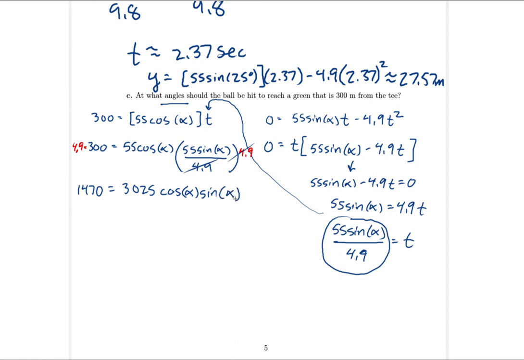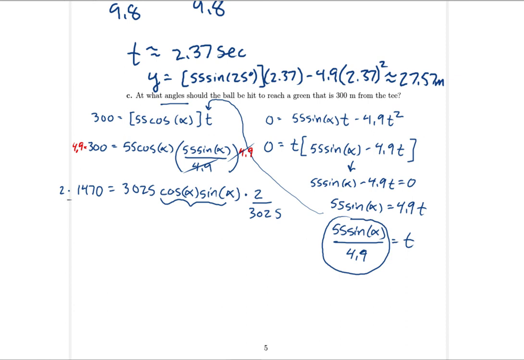All right, now here this might, I suppose, be a little bit of a stretch for us to remember, but if you've got a cosine times a sine, remember this is the double angle formula for sine. So what we can do here is multiply both sides by 2 over 3025.